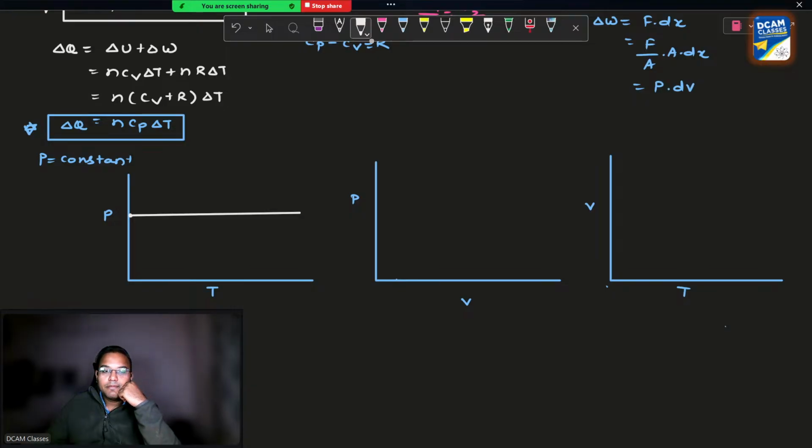It may be that the value will be P naught, depending on what pressure the gas is kept. Similarly, the PV graph also will be like this only, constant value. Now tell me, do you have any doubt in this one? PV or PT graph?